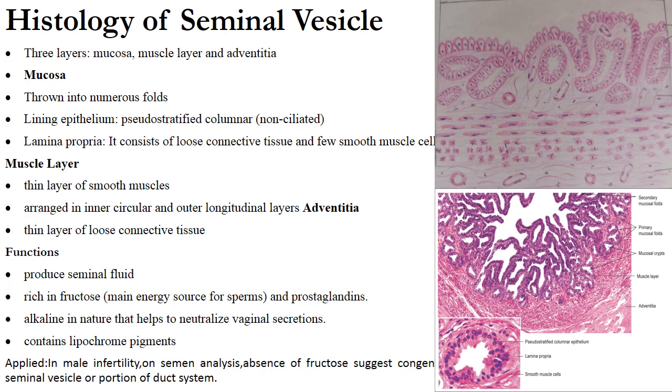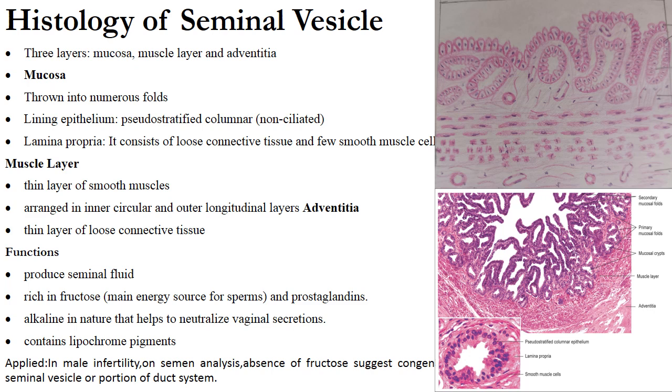The duct of seminal vesicle joins with the ductus deferens and forms the ejaculatory duct. If we see histologically, the seminal vesicle has three layers: mucosa, muscle layer, and adventitia. Mucosa is thrown into numerous folds that form crypts and cavities. Lamina propria shows elastic fibers.